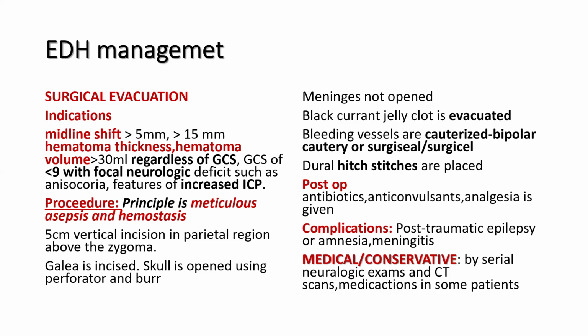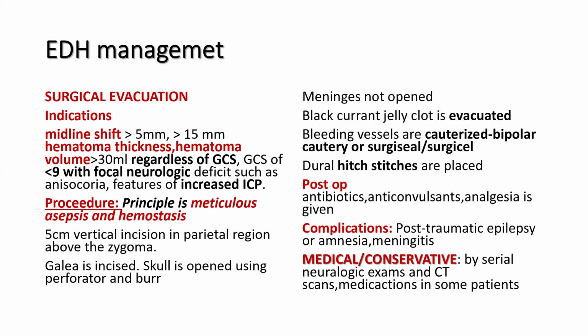If it is more than 5 millimeters, that patient is supposed to have surgical evacuation. If you have more than 15 millimeters of hematoma thickness, they usually indicate these thicknesses on the CT scan, you have to send this patient for evacuation or do the evacuation if you can do it in your setting.